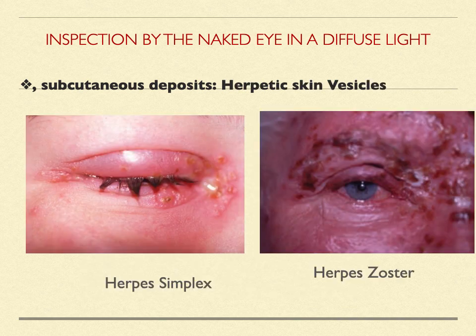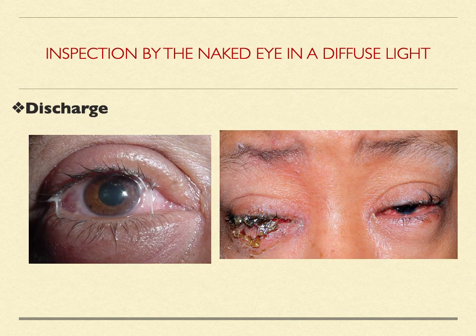Also, inspecting the skin is very simple to diagnose when the patient comes in with herpes simplex, vesicles like on the left side, or herpes zoster, crusting and scarring along the fifth cranial nerve division, and we can diagnose this from just observation.